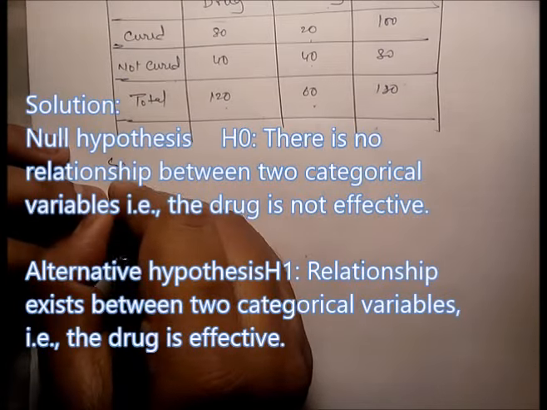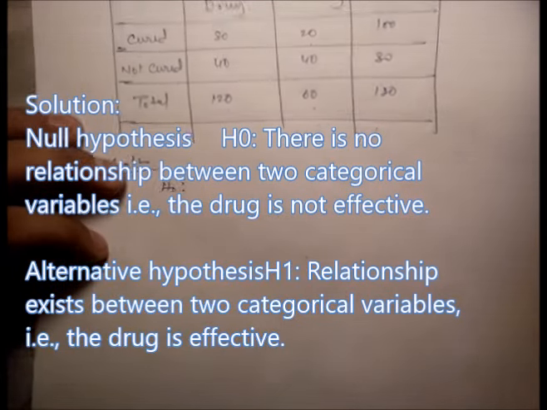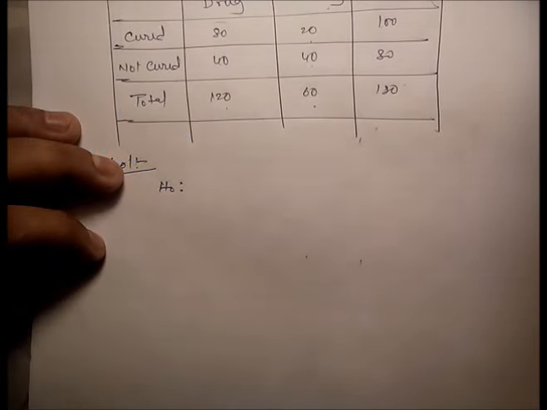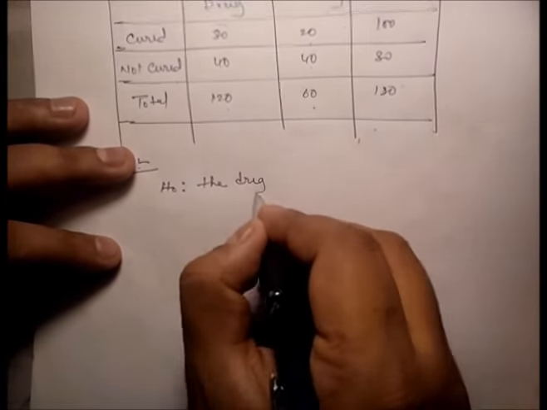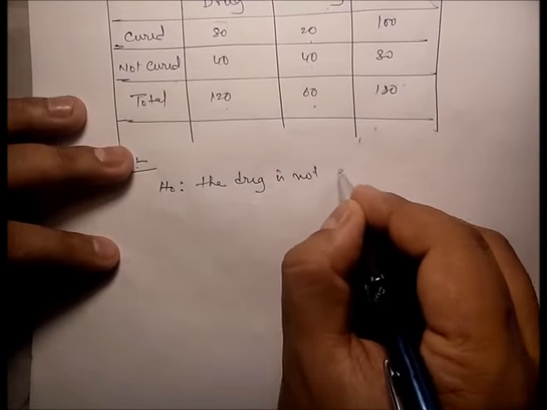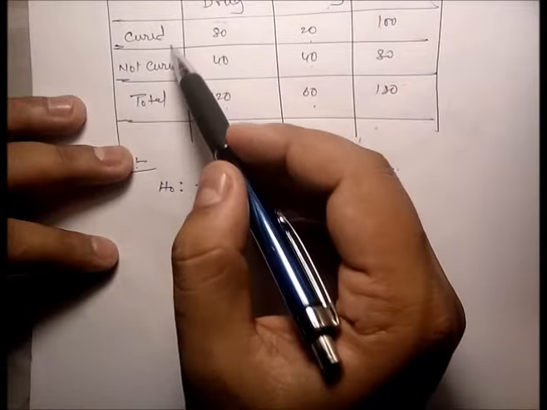So the solution is: null hypothesis H0 is that there is no relationship between the two categorical variables, that is, the drug is not effective, because there is no relationship between drug and cure.